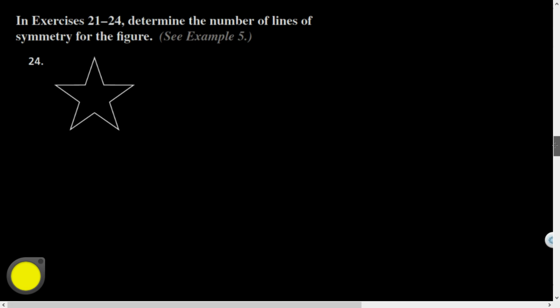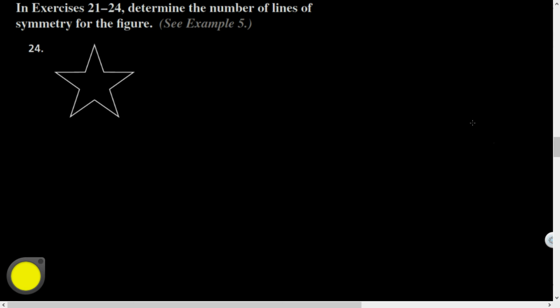All right, last one, I think. Determine the number of lines of symmetry. This would actually be a really interesting question for today's lesson, but line symmetry also works. I won't use my ruler tool. It looks like I could mirror this over itself. You can think about it right now. So that's one.